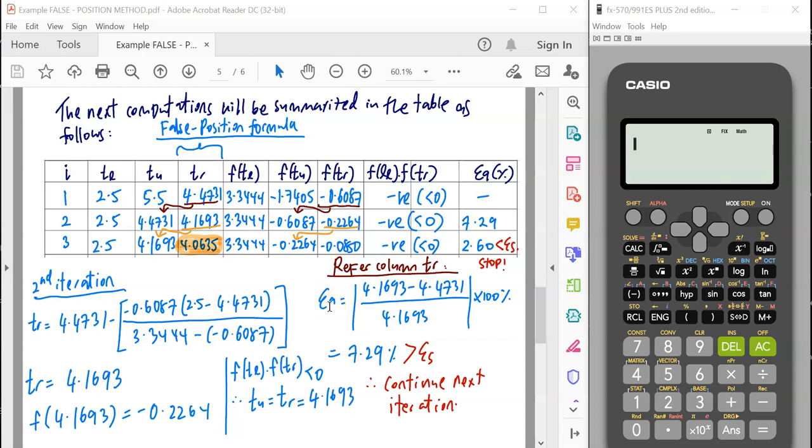By referring to the formula, as I told you, we must put the absolute. We can see here we have the absolutes. Why? Because we want the value to be a positive value. So you have two options.